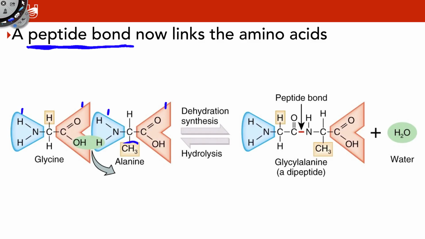Here, alanine is a CH3. All right, glycine has an H for an R group. So they have different R groups. This makes them different amino acids. All right, so I think we've pretty much covered this very well. But again, emphasis on this, the peptide bond. All right, that is what connects two amino acids.